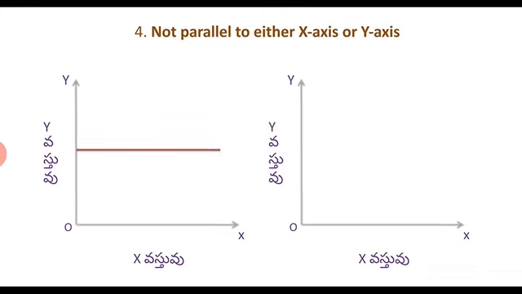Indifference curves are not parallel to either the x-axis or y-axis. In diagram A, the IC curve is parallel to the x-axis. At combination A, X good is OM and Y good is ON. At combination B, X good is OM1 and Y good is ON.